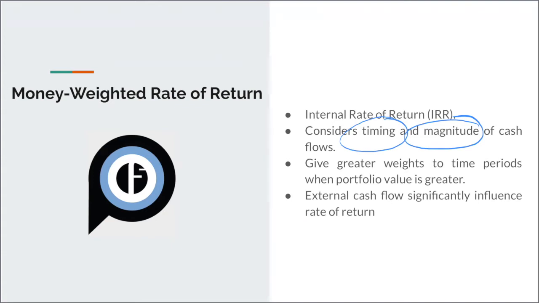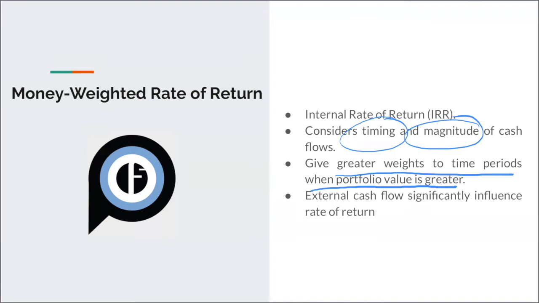So the money weighted rate of return gives greater weight to time periods when portfolio value is greater. When external cash flow comes in, your portfolio increases in value due to the new injection of funds, and that period gets a greater weight. When there is a redemption, your portfolio value shrinks and the weight of that period reduces.